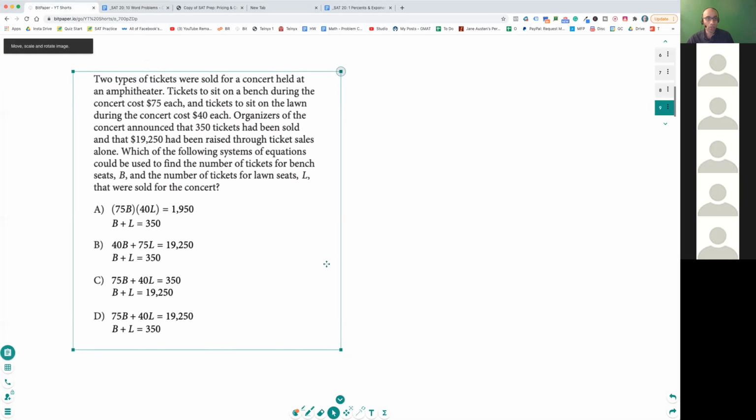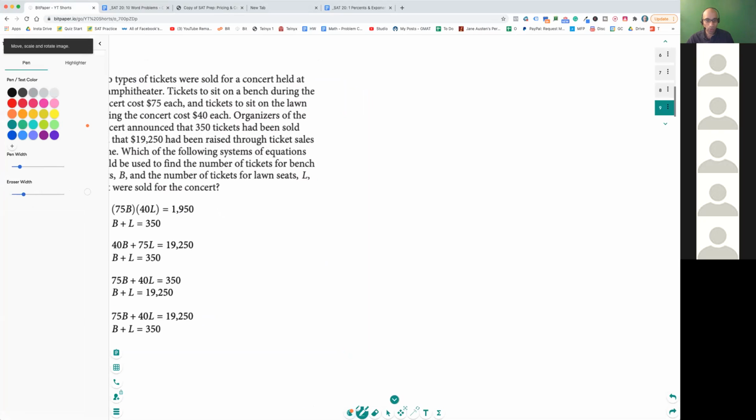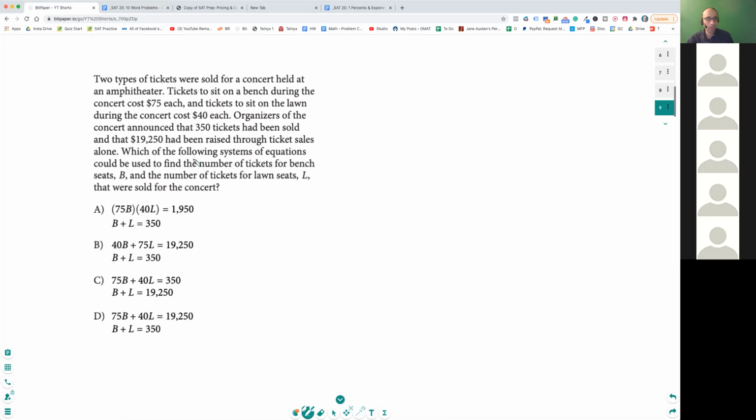We had the quantity equation, which was the number of tickets. This was a weird thing, so we canceled it out. This was also the number of tickets, and the next was the dollar. So you had something times something plus something times something giving you 19250, and that's why you got this. Remember, this is your dollar equation, and this is your quantity equation.